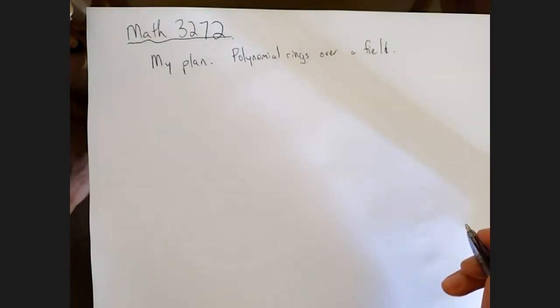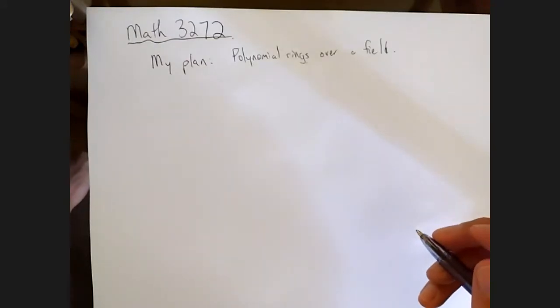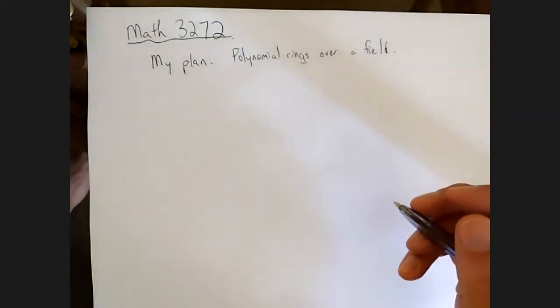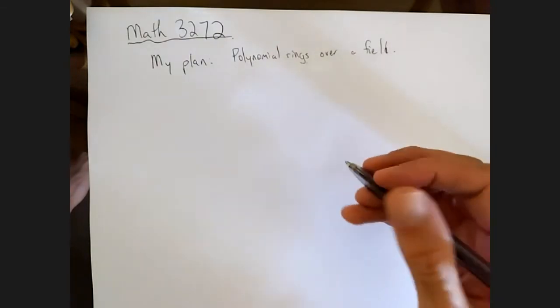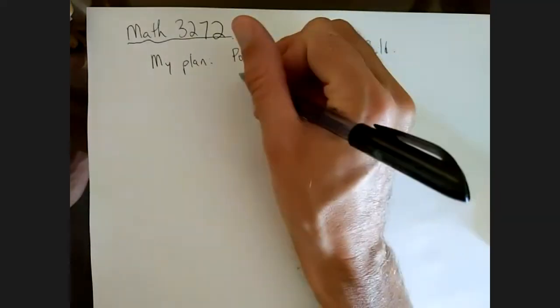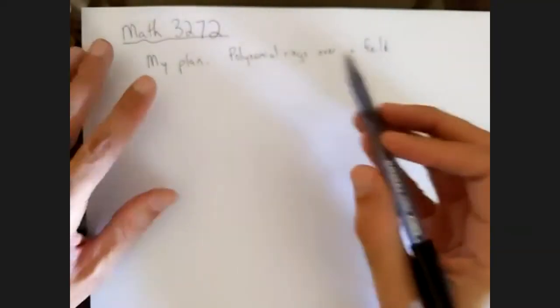Okay, so polynomial rings over a field. We want to talk about how the ideals in a polynomial ring over a field are all principal ideals.